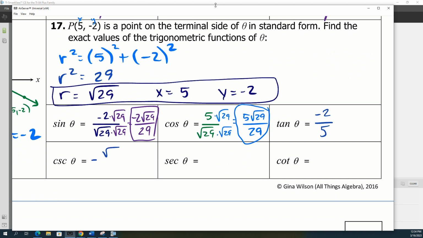So negative square root of 29 over 2. And then when I do secant, I'm going to take the green cosine, the original one, and flip it. And then cotangent, we just flip tangent, no big deal.